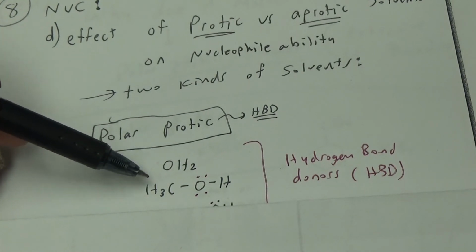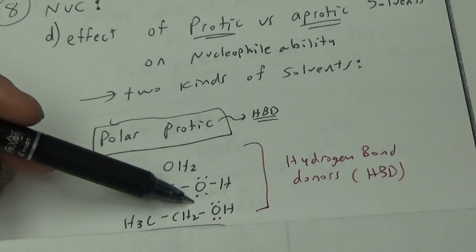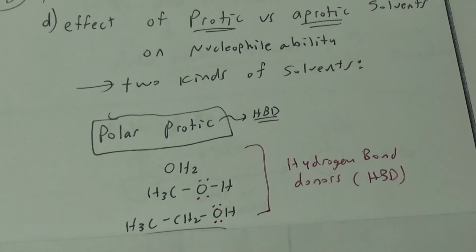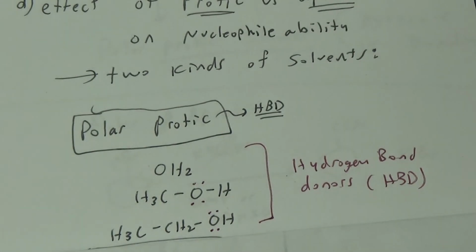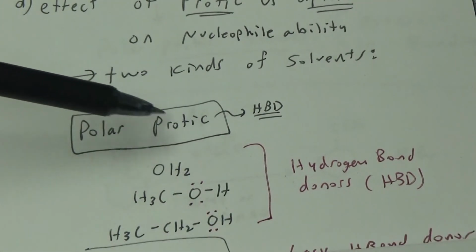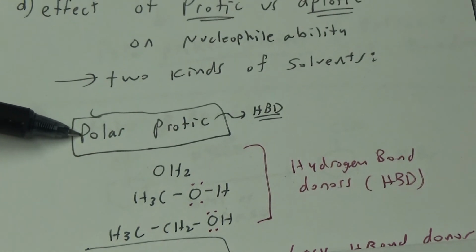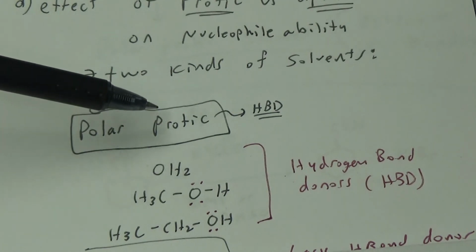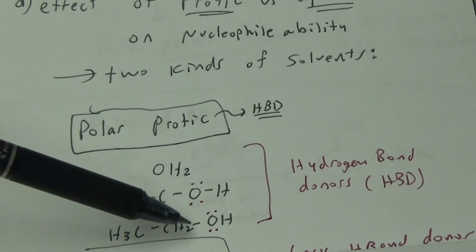The protons on water and methanol and ethanol are considered acidic protons, and they can hydrogen bond. So polar protic solvents are polar due to the electronegative oxygens, and protic due to them being hydrogen bond donors.